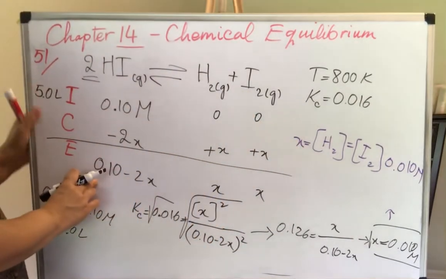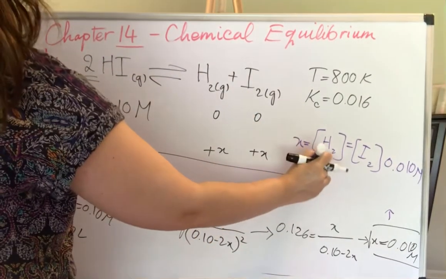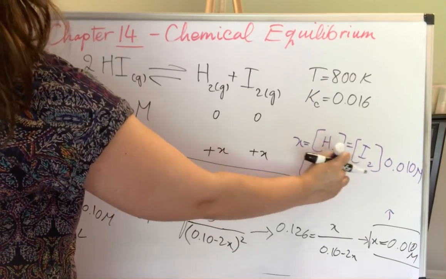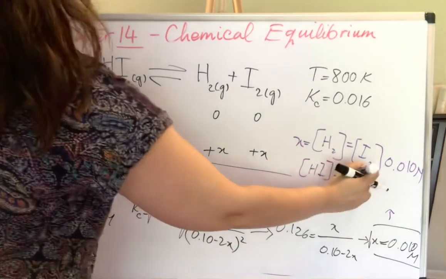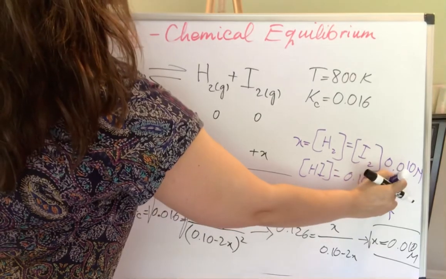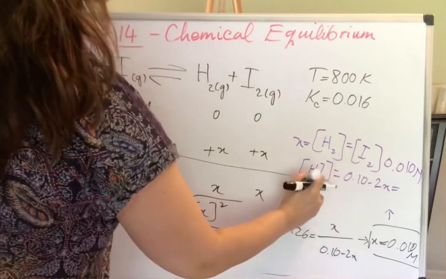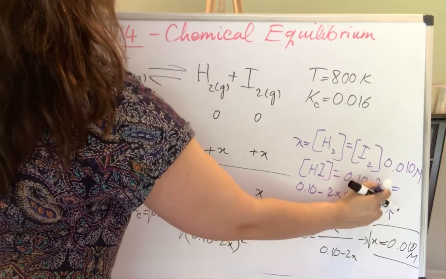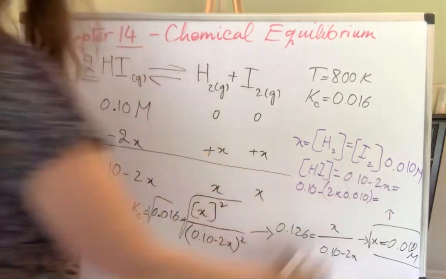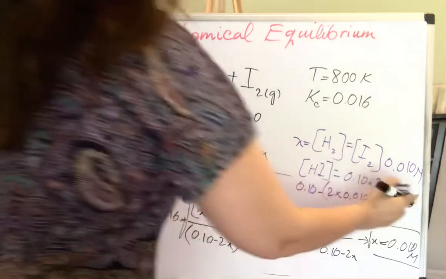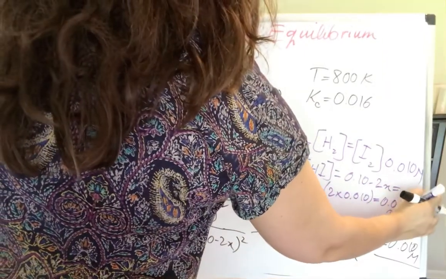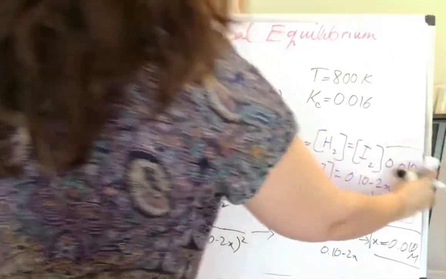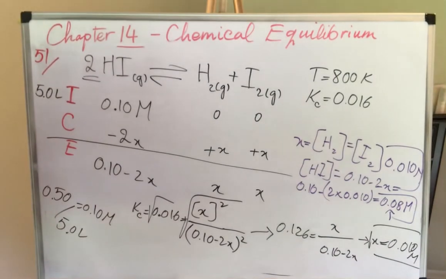Then the concentration for HI was how much? 0.10 minus 2x is 0.10 minus 2 times 0.010, which is going to be 0.08 molar. That's the composition of the mixture at equilibrium.